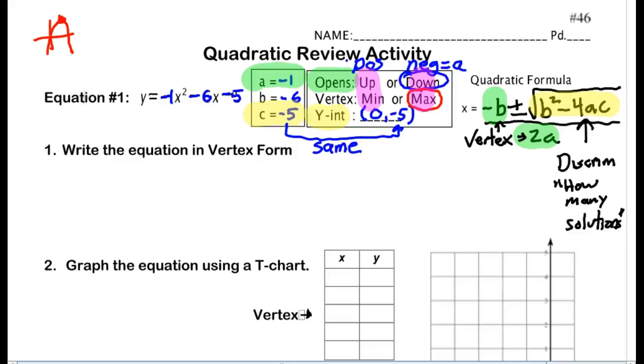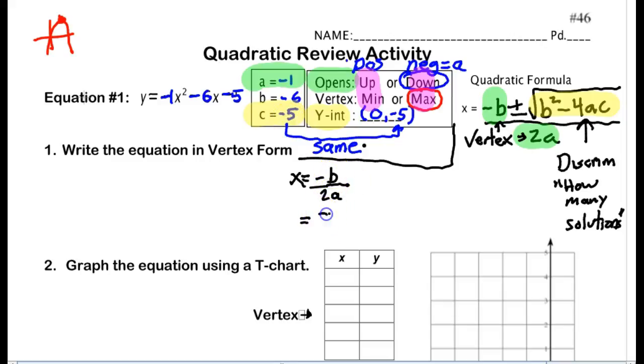Okay, so let's find the vertex using both methods that you learned. So I'm going to use -b over 2a, x equals -b over 2a. Right. Plug in our two values here, b and a.